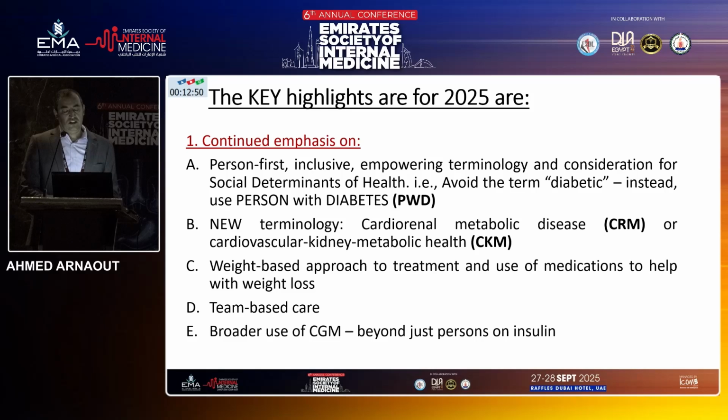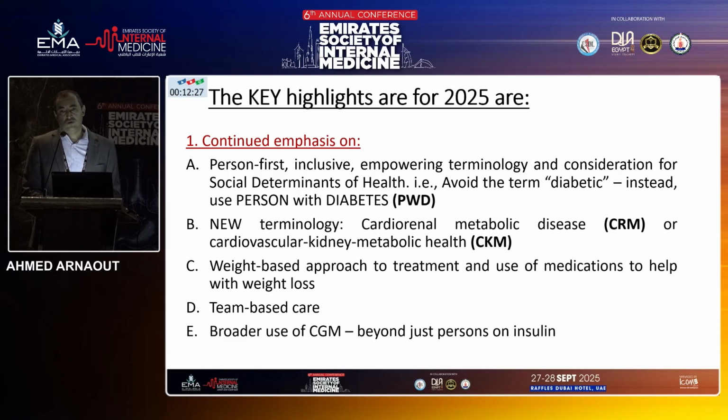The 2025 ADA guidelines continue to emphasize the individualized, patient-centered approach, empowering terminology, and consideration of social determinants. It's advised now to avoid the term diabetic patient. We can instead use the term person with diabetes.